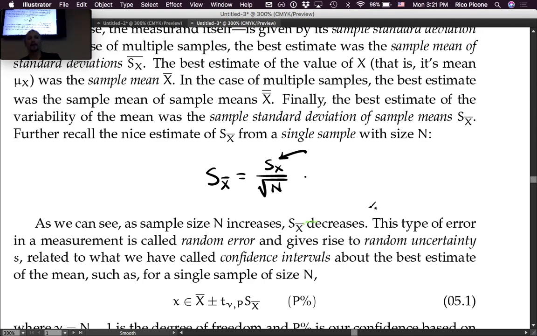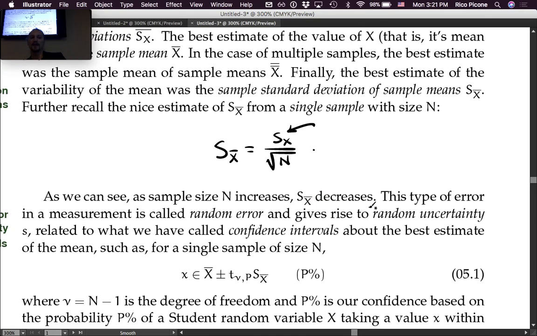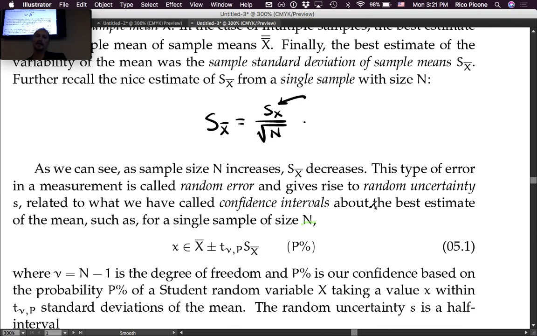This type of error in a measurement is called random error and gives rise to random uncertainty, S, related to what we have called confidence intervals about the best estimate of the mean, such as for a single sample of size n. So we say that x, a value of the random variable big X, is going to be an element of this interval.